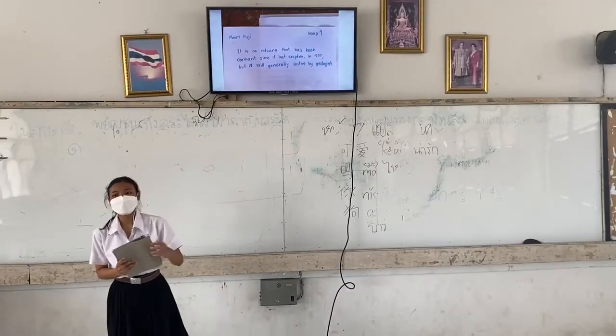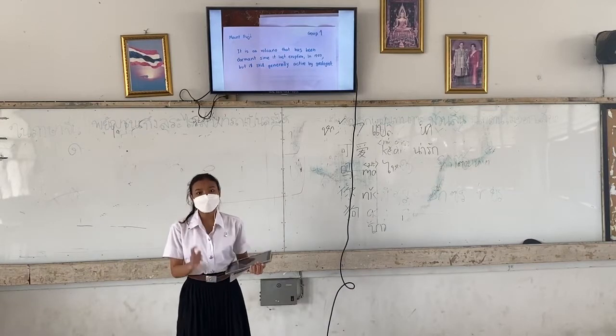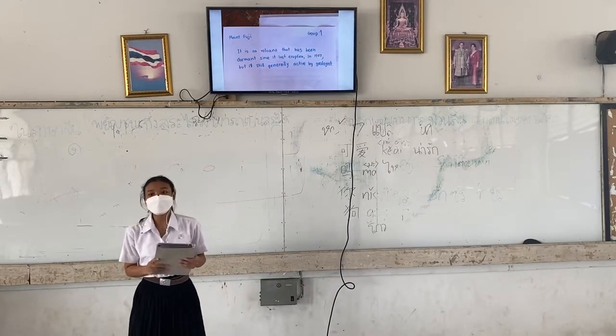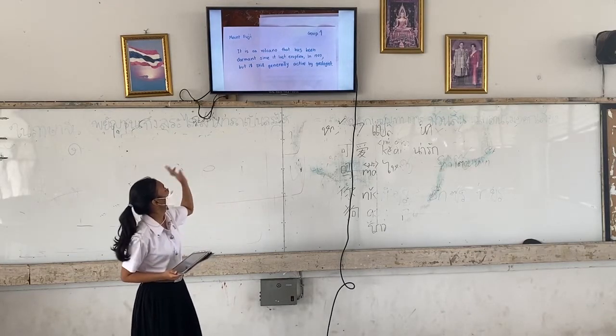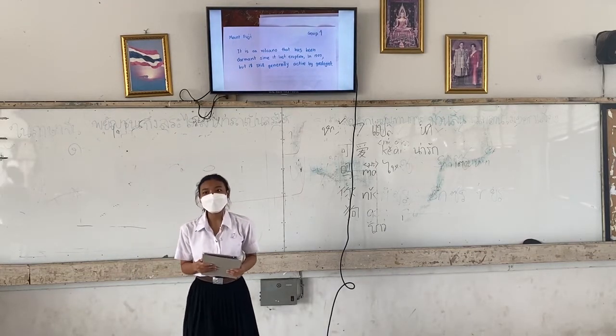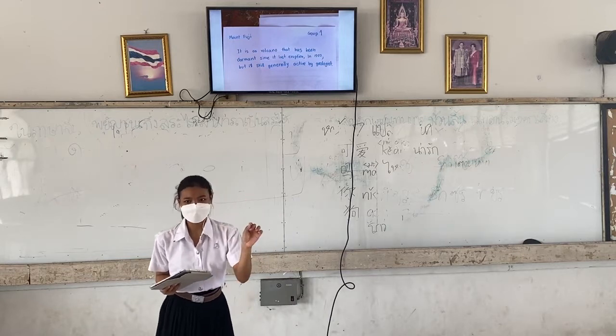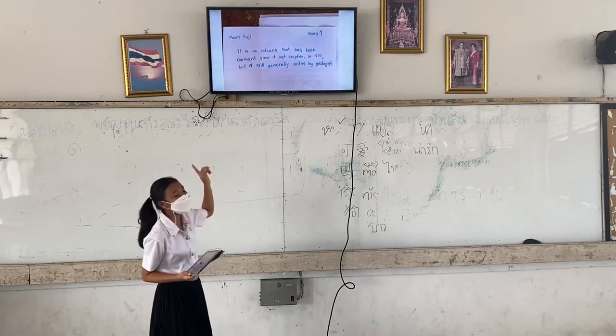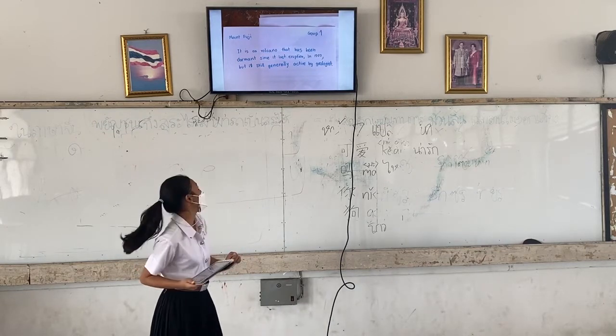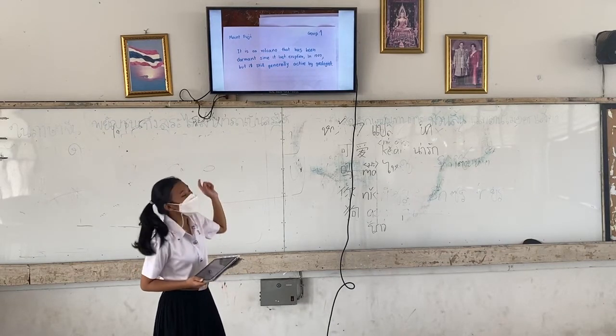Okay, let's check your answer, your paragraph. This is the paragraph from group 1. Mount Fuji. It is an volcano. Can you use "an" with volcano? No, we have to use "a". Volcano that has been dormant.